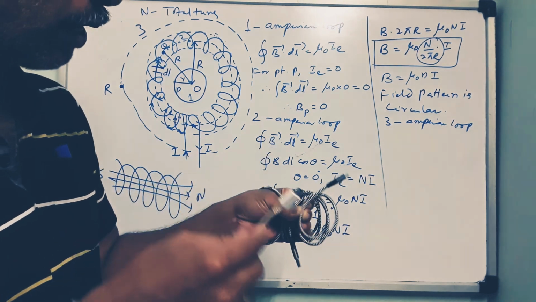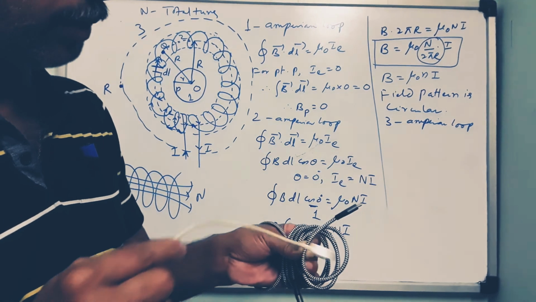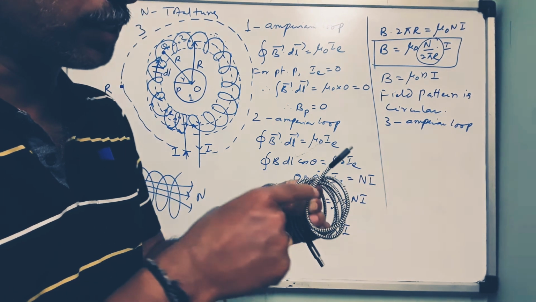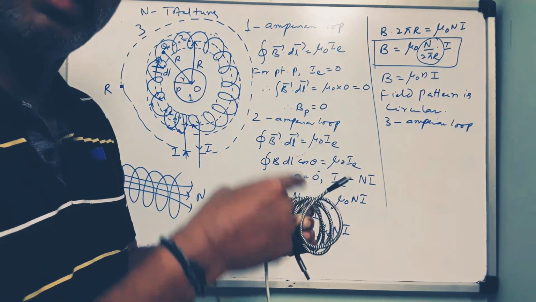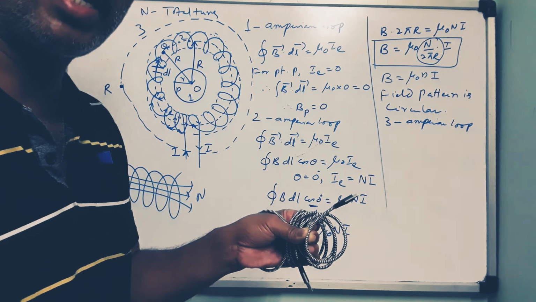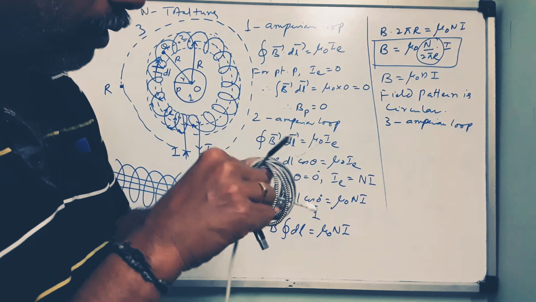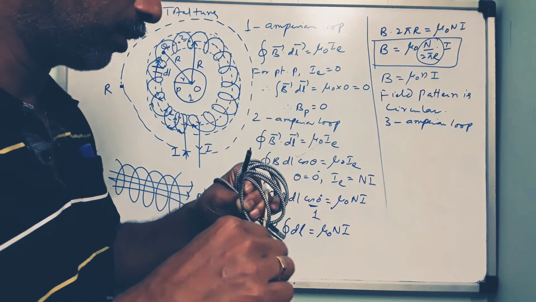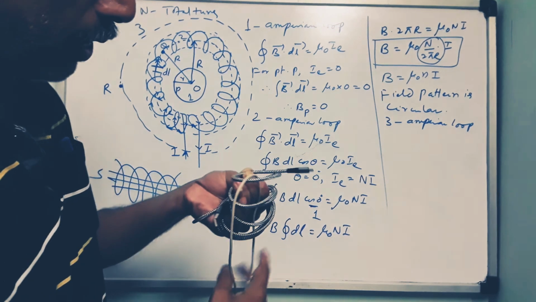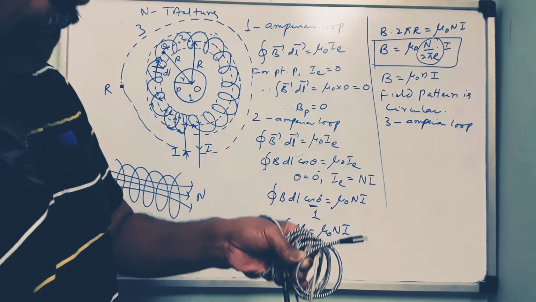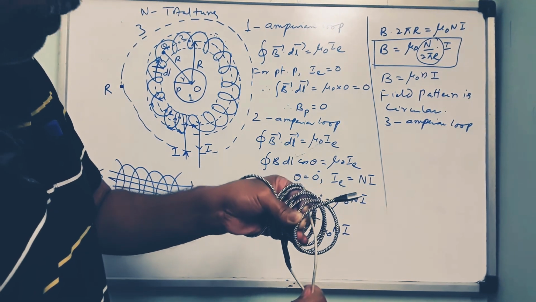Now, to calculate the magnetic field along the axis, I have to first consider a point P. About that point P, I have to draw an Amperian loop. For example, this wire, white color, let me think that this is my Amperian loop.